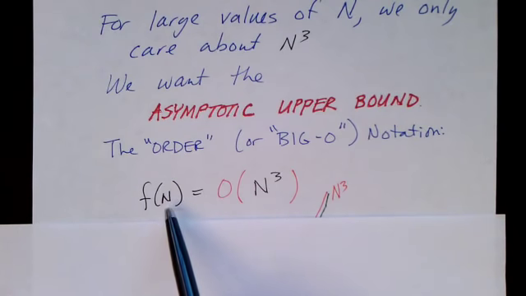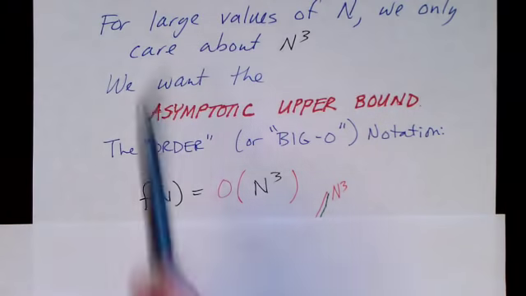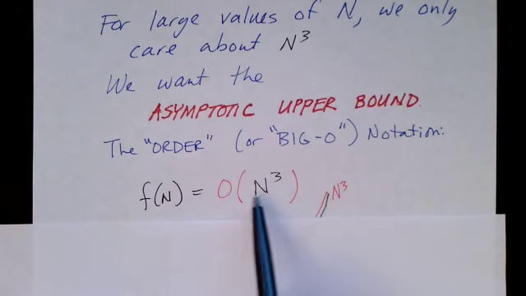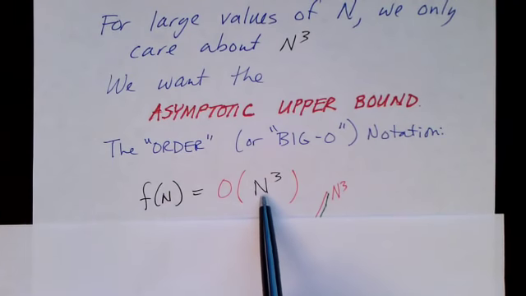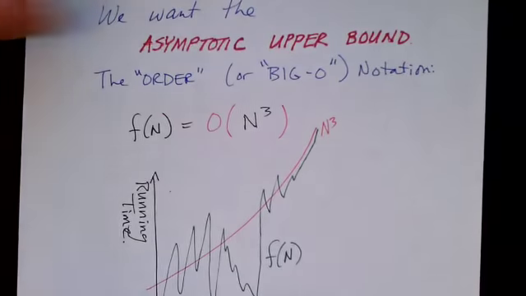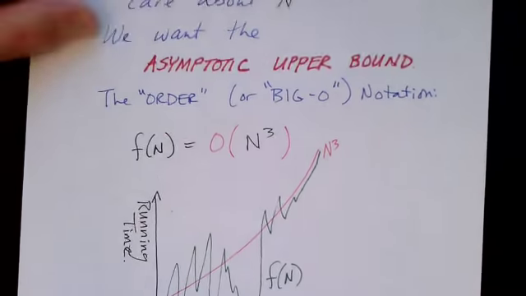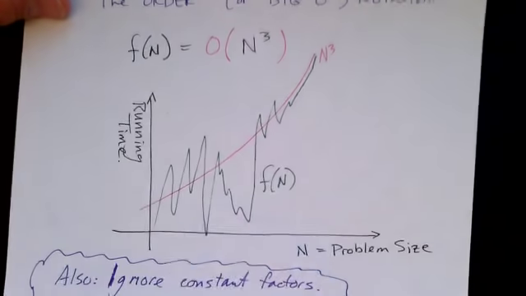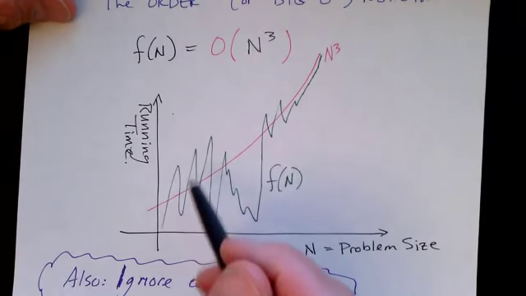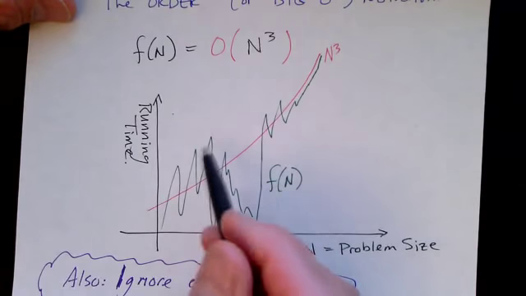But what we're doing is we're trying to express the idea that this function, my complex 17n cubed plus 5n squared function, has asymptotic behavior of n cubed. So here I've tried to draw a graph of what this function might look like. The idea is that the function does all kinds of crazy stuff for small n.